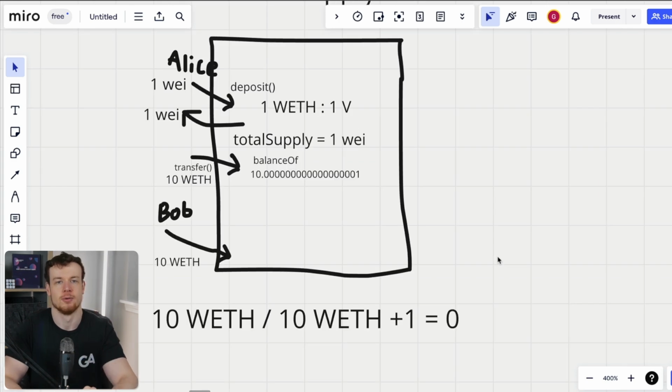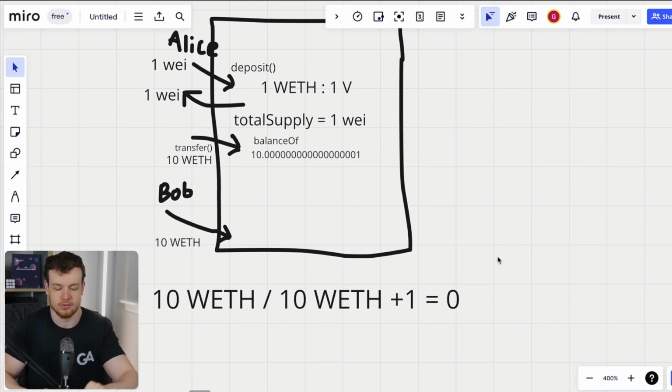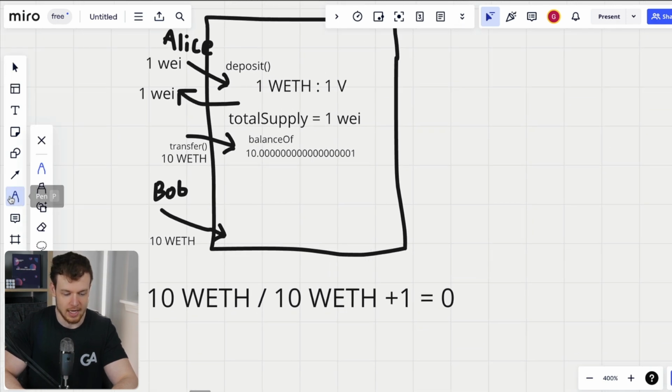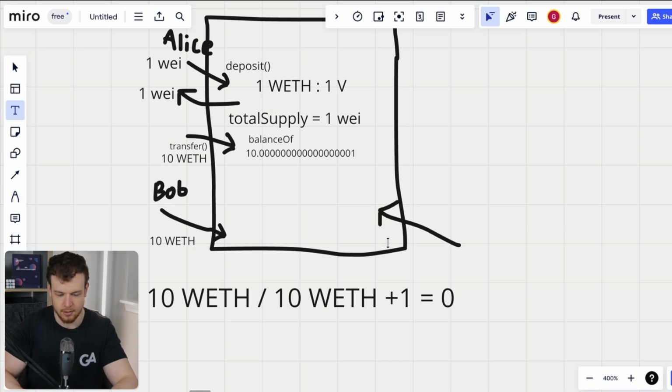And now, remember that we can come back to the vault and redeem our vault tokens, right? So Alice is the only person who has any vault tokens. She has one wei of vault tokens. So Alice can come back and redeem her singular wei of vault tokens.